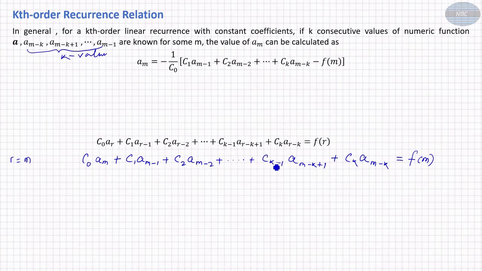So these values are known. We have to calculate this a_m value. Starting from a_{m-1}, a_{m-2} up to a_{m-k}, these values are known, and they are the k values of a numeric function. Then you have to find out the value of a_m.